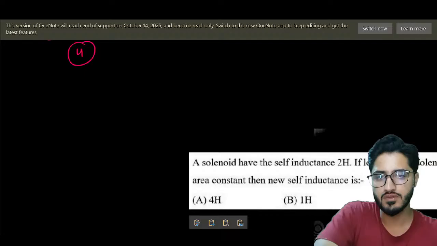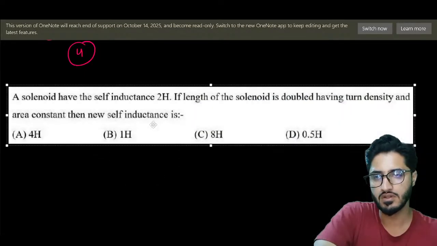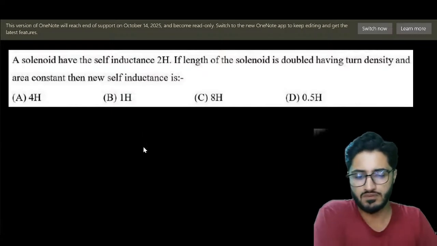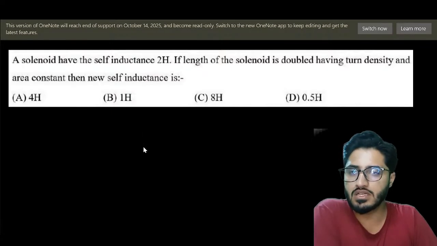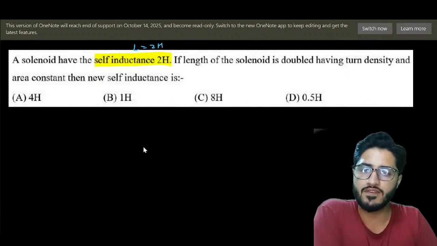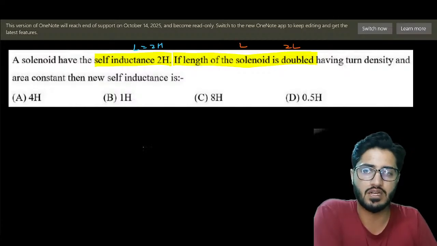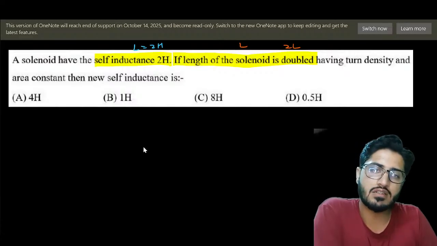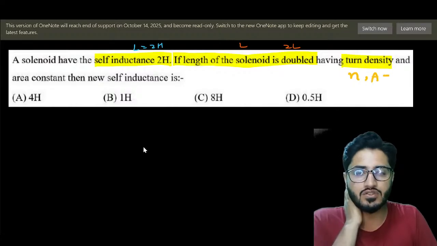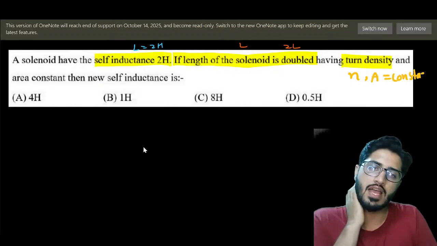Let us do this one now. What is given to us? The solenoid has a self-inductance of 2 Henry, that means L is given as 2 Henry. If the length of this solenoid is doubled, that means initially it is l, then we are having 2l, with the turn density and area constant.